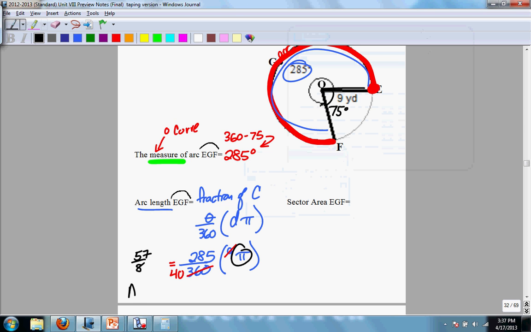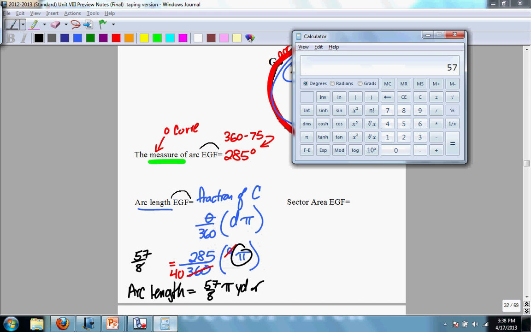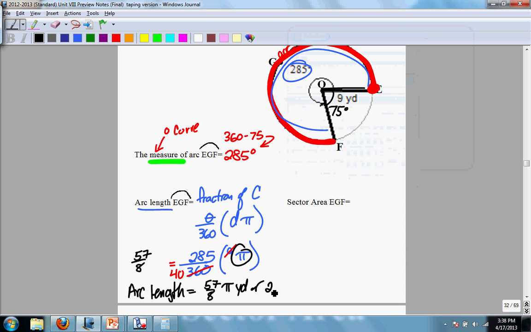So my arc length equals 57 over 8 pi yards, or the decimal version would look like this: 285 times 9 times pi divided by 360, and I get 22.4 yards.